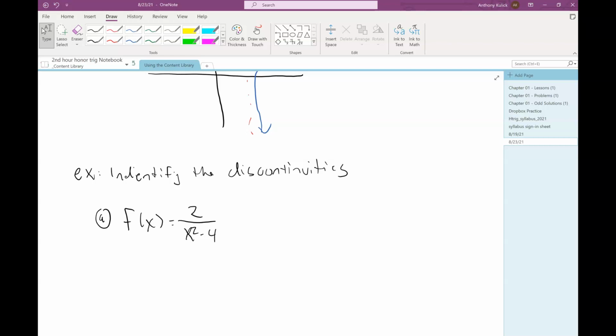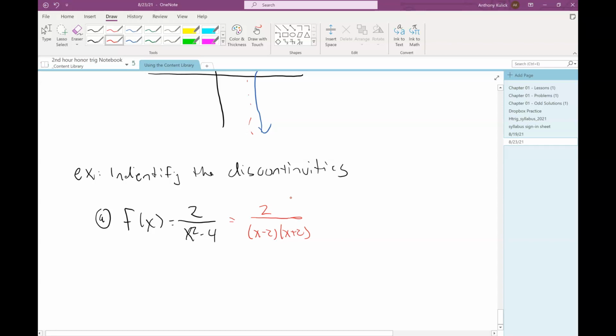So let's just work on identifying some of these discontinuities. Our first one, f of x equals 2 over x squared minus 4. This one is a general rational function. You should have recognized that from Algebra 2. If we factor everything that we can, x squared minus 4 is a difference of two squares. That factors to x plus 2 times x minus 2. Doesn't matter the order in which you write those.